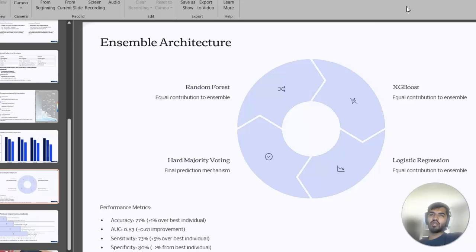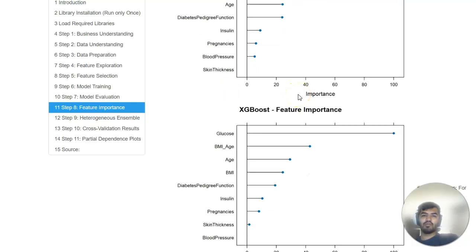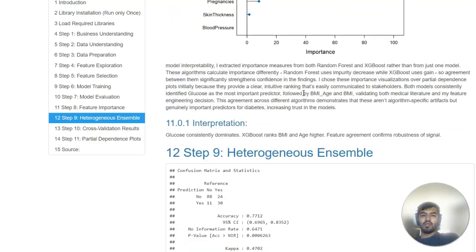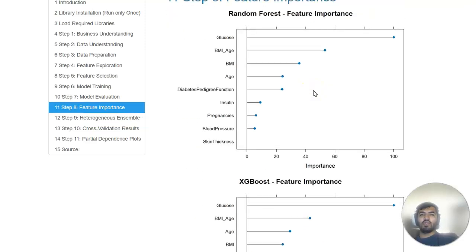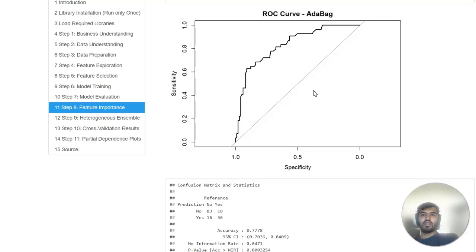To validate model performance more robustly, I compared cross validation results across all models. The analysis confirmed that AdaBoost had the highest average ROC during the training at 0.847, followed closely by GLM, as shown in the visualization of performance variability.